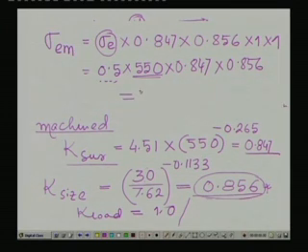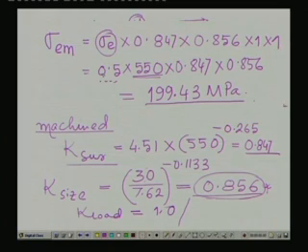This gives a total value of 199.43 megapascal. So this is the calculated value of the endurance limit for the machine member.